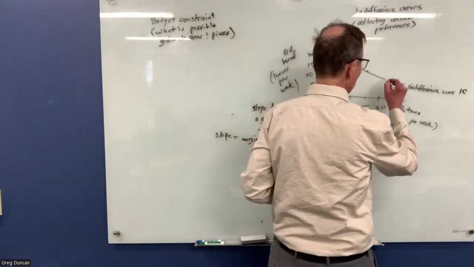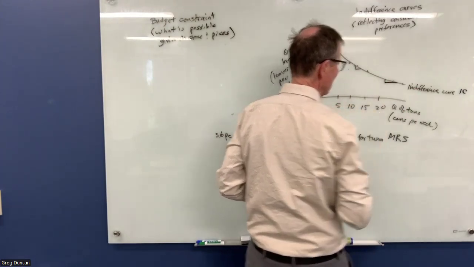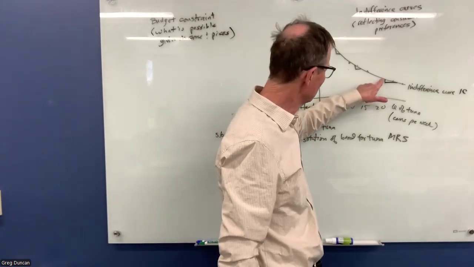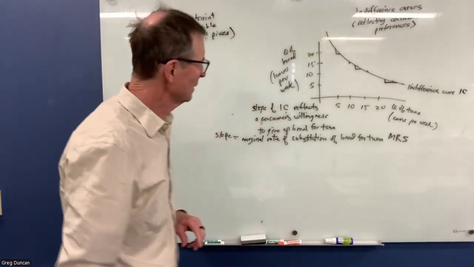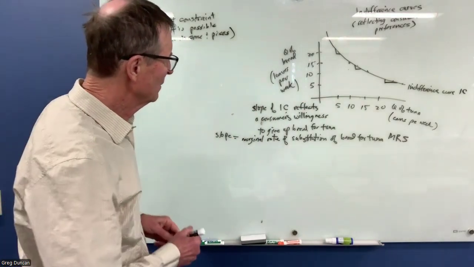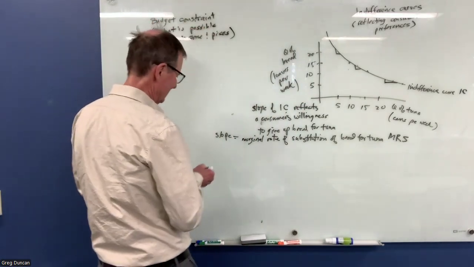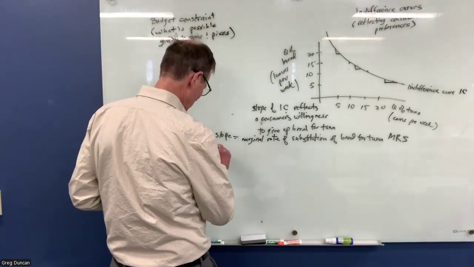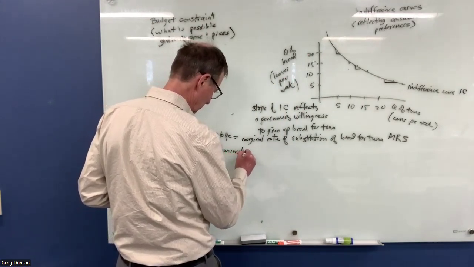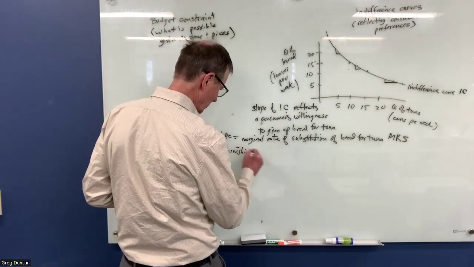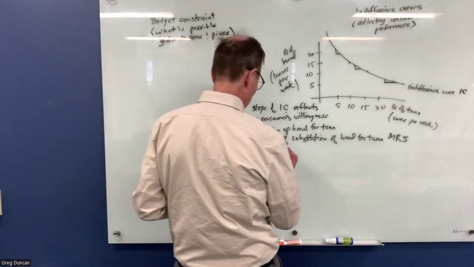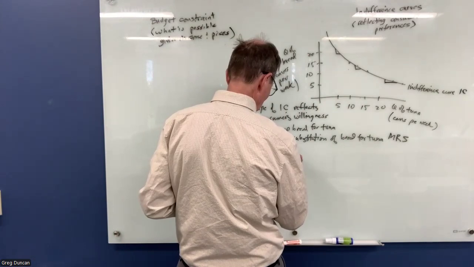As we get lower and lower on this indifference curve, our willingness to give up bread to get tuna declines, right? And that is called the diminishing rate of substitution.